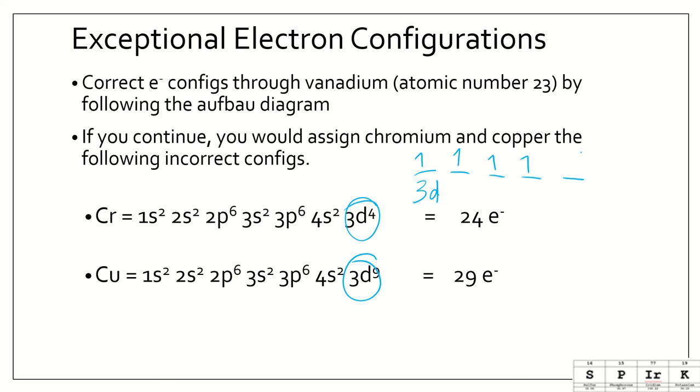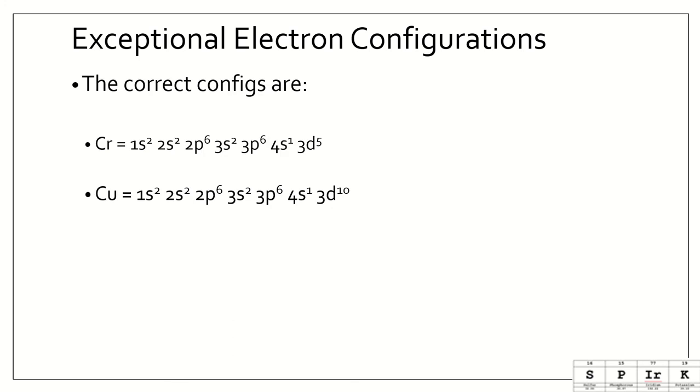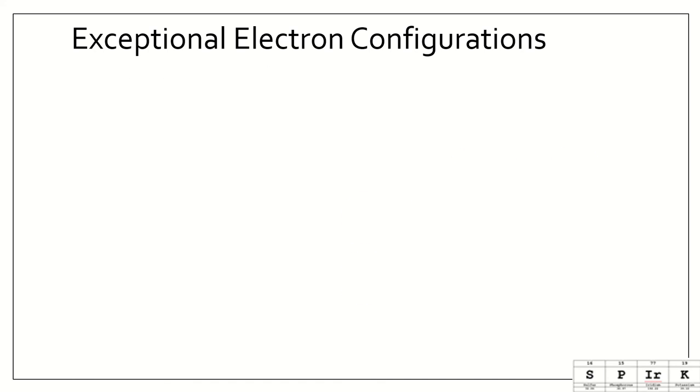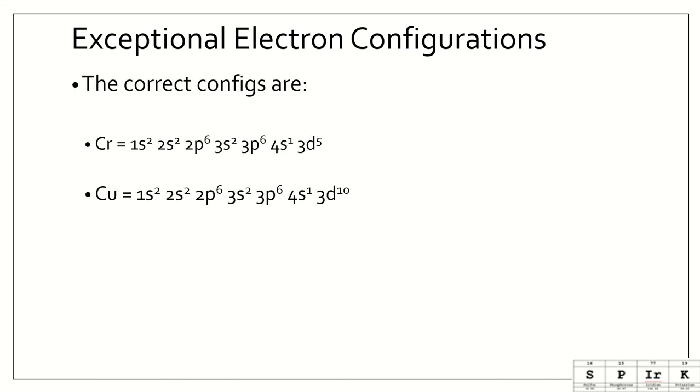Elements do not like having empty orbitals if they don't have to. So the correct configurations are these that follow. Notice how here we had 4s2 and 3d4, 3d9. And here we have 4s1, 3d5, 4s1, 3d10.